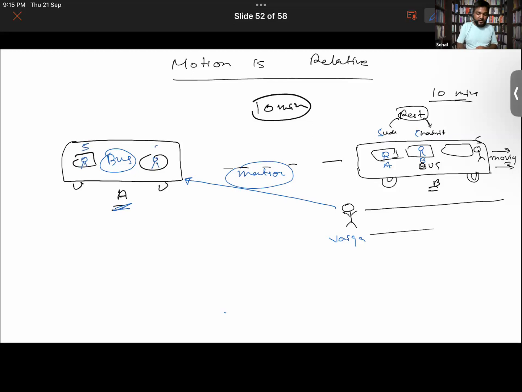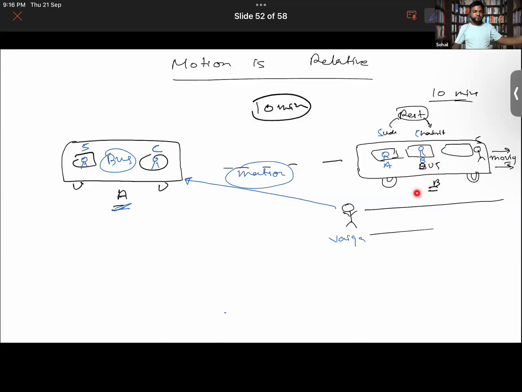Now, as the bus moved from point A to point B, their position has also shifted from point A to point B as the bus has shifted its position. So, for Vaiga, who is standing outside the bus, Sundus and Chakrika are also in motion.